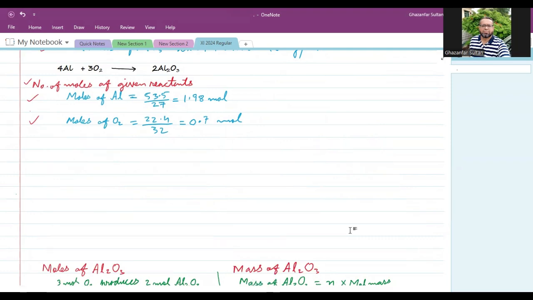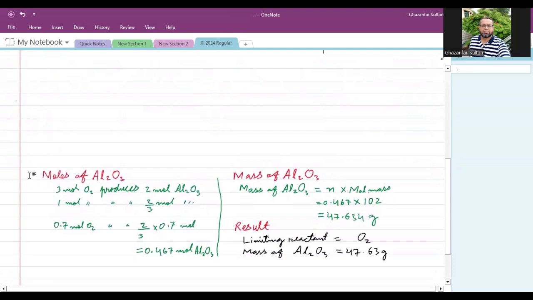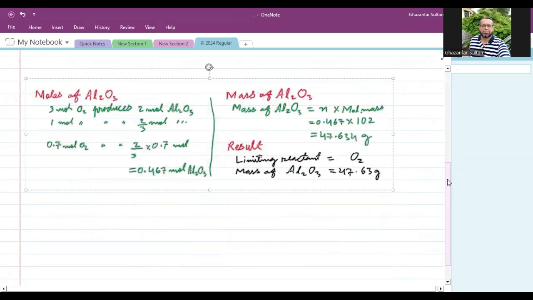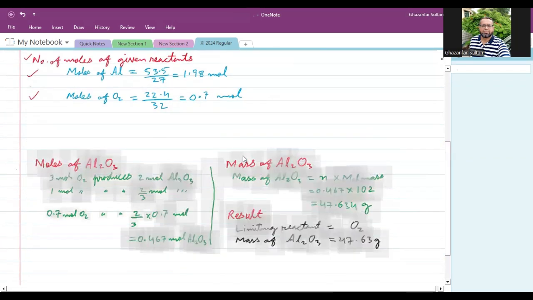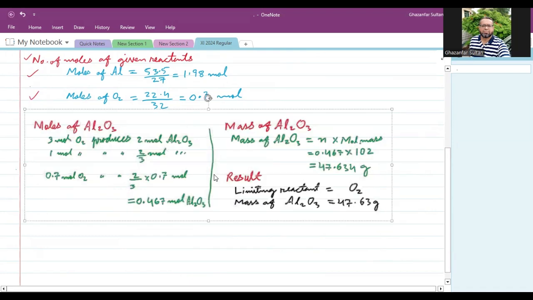Next step is to first calculate the amount of aluminum oxide produced by one of the reactants, then the other one. So we have already calculated the number of moles of aluminum oxide and the mass of the aluminum oxide produced starting from oxygen.